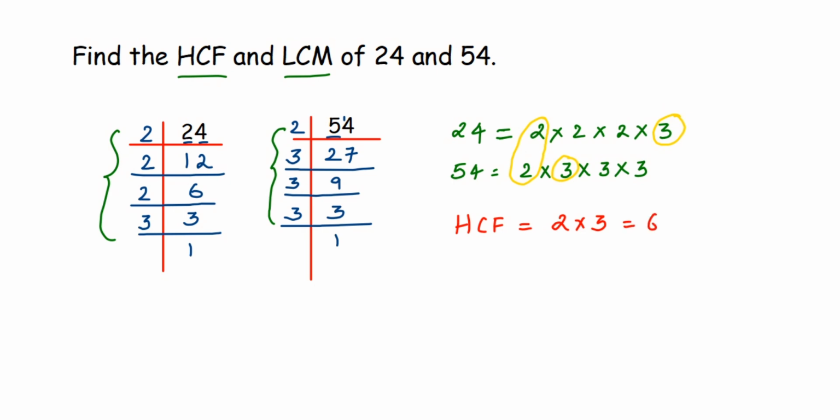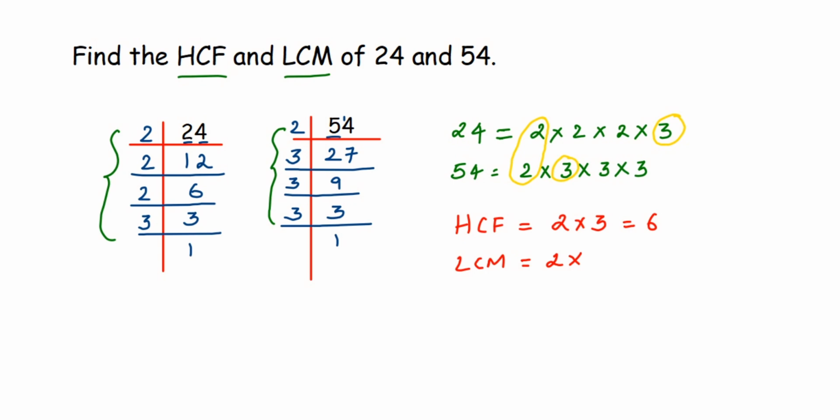Let's see how to find the LCM. LCM also we can find from this. The difference between LCM and HCF is, when you find the least common multiple, you have to consider the prime factor which is common only once. For example, in this case 2 is present in both, right? So we will take this only once, only one single 2. So this will be 2 times, and here this 3 is common, right?